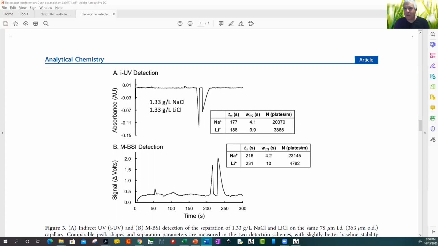But let's think about it a little bit more, right? They're detecting sodium ion and lithium ion. And who knows what the electronic structure of lithium plus is?